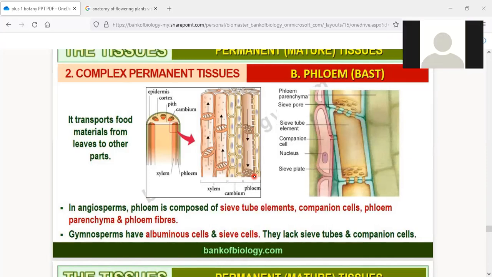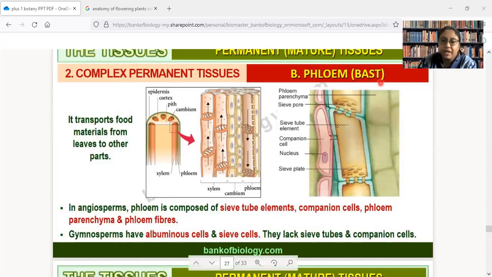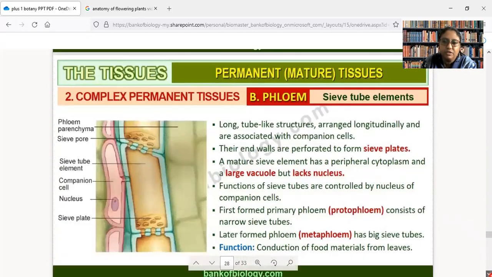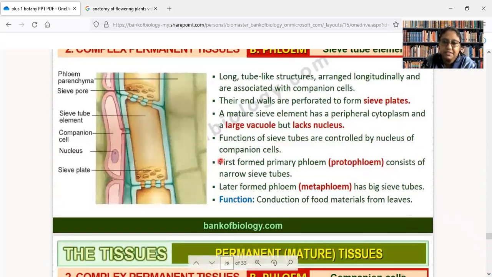Yes, ma'am. Great. So other than these sieve tube and companion cells, phloem has phloem parenchyma and phloem fiber. Basically, phloem fibers are nothing but sclerenchyma cells. The function of all these we are going to learn one by one. So what is this? This is the sieve tube. You can see they are long tube-like structures, arranged longitudinally one above another and always associated with companion cells.